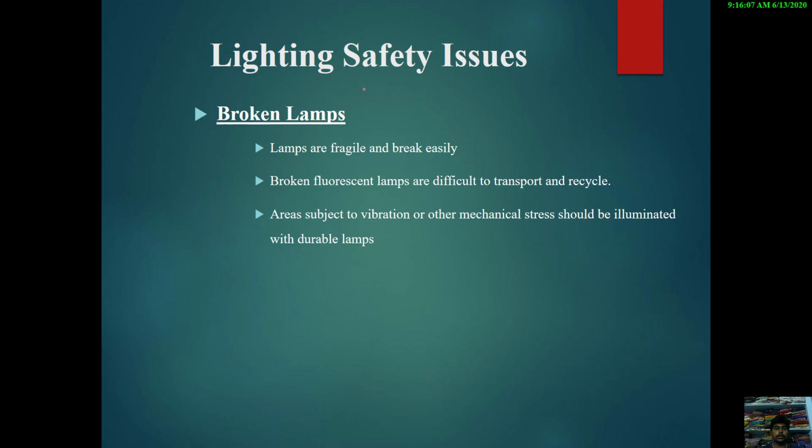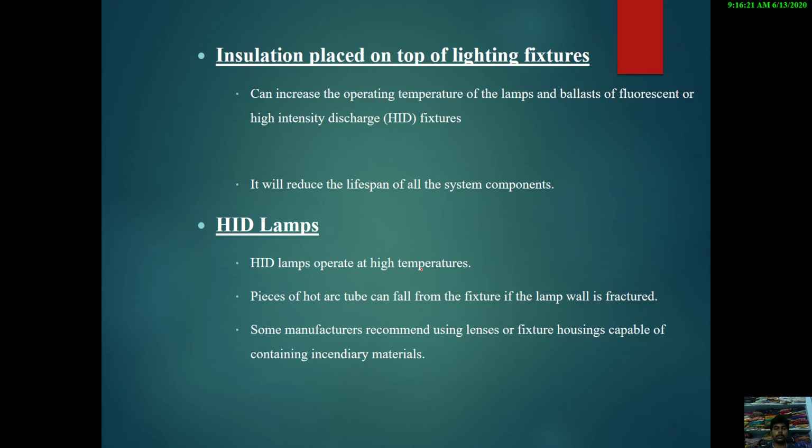The next is lighting system issues. That is, lamps are fragile and break easily, and broken lamps are difficult to transport and recycle, so we have to consider durable lamps. And the next one is insulation placed on top of lighting fixtures. That can increase the operating temperature of the lamp and ballast of fluorescent or HID fixtures.